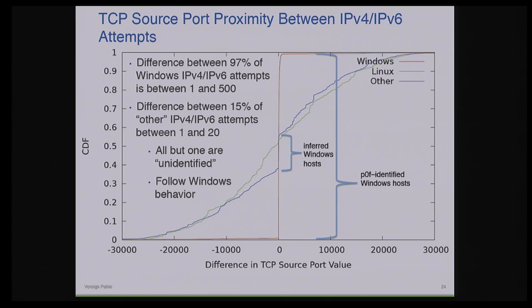So it's a very high correlation, which shows that our association, at least for the Windows hosts, was quite good. The blue line also follows this little jump in the middle.